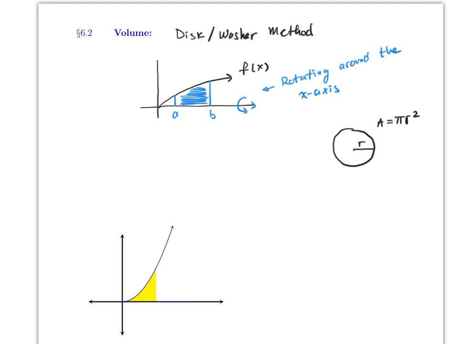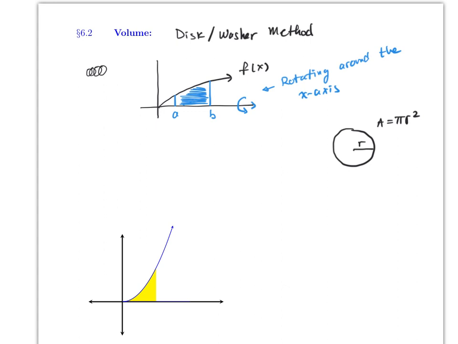Well, notice that if you rotate this around, you essentially create a bunch of circles. So you will have one circle here, another circle there, and so forth, where the radius is going to be related to the function. Then if you add all the areas of the circles, you will get the volume.